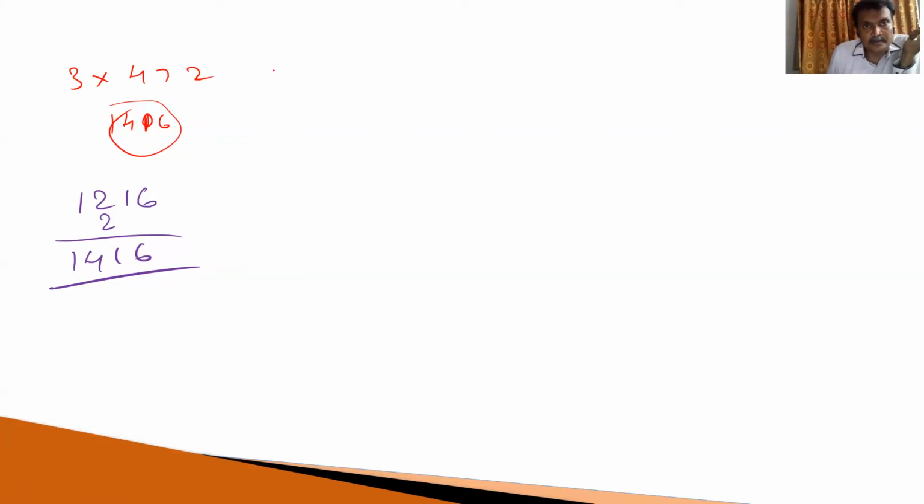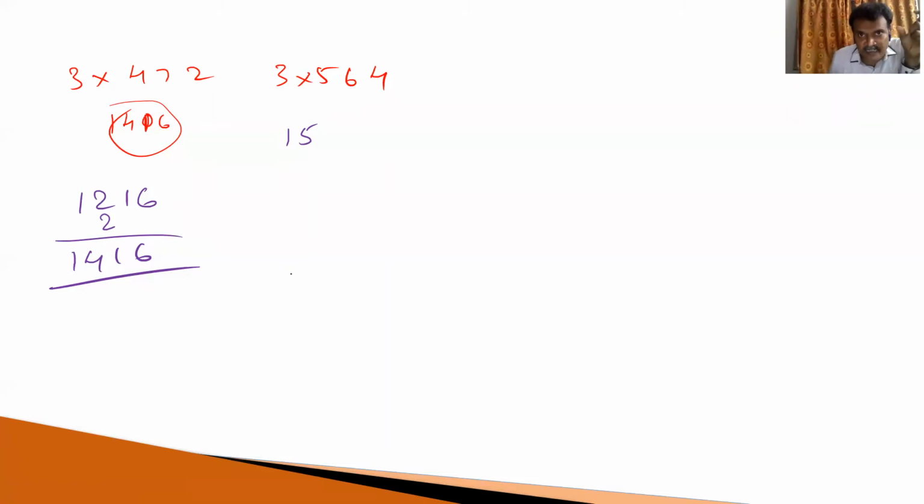Suppose 3 5 64. So what is the answer? 3 5 times 15. Sorry, 3 500 times that is equal to 1500. 3 6 times 18. 360 times 180. Okay, 18.